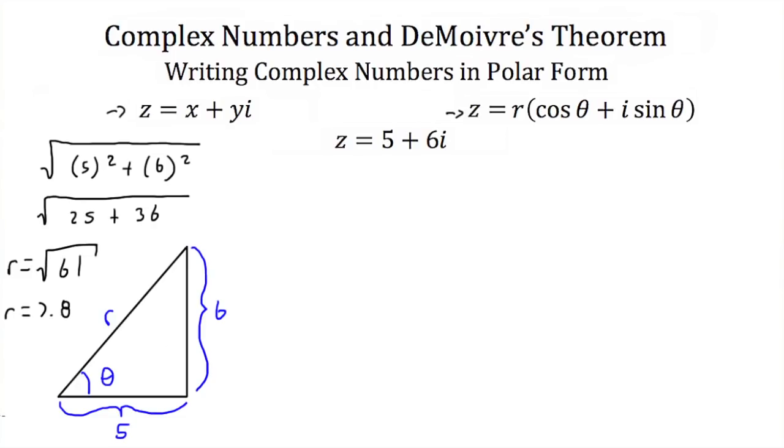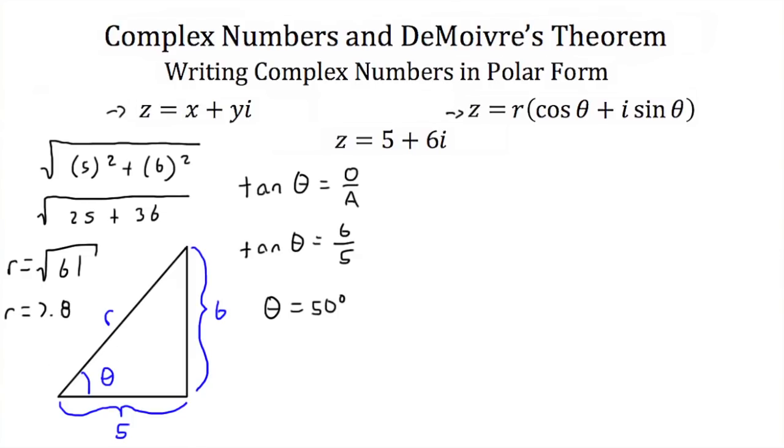So I'm going to use the tangent function to find that. Remember, the tangent of theta is equal to opposite over adjacent. So the tangent of this theta, the opposite side length is 6, and the adjacent side length is 5. So the tangent of theta is equal to 6 over 5, and if you plug that into your calculator, you'll find that theta is about 50 degrees.